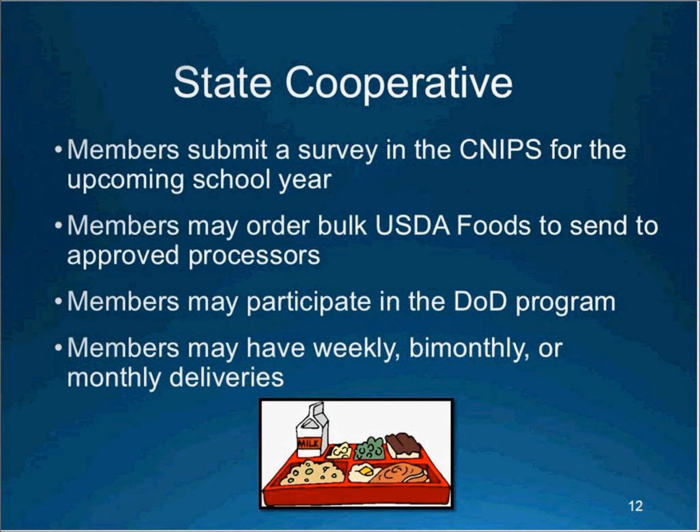The next option for ordering and receiving USDA foods is through the state co-op. These agencies also utilize the distribution centers, but there are a few key differences. The main difference between allocation agencies and state co-op agencies is that USDA food orders for state co-op agencies are all planned in advance.